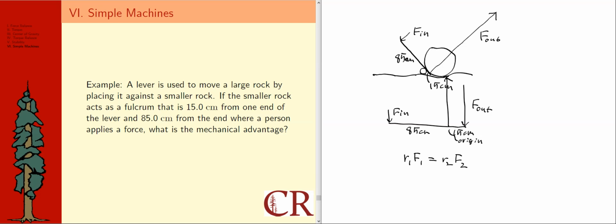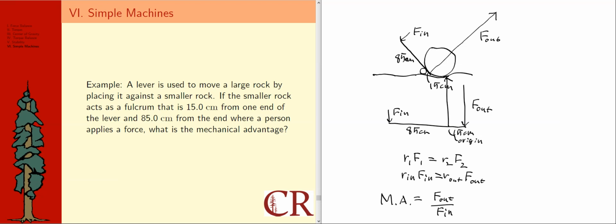But again, this can also be thought of as torque in and torque out. In that sense, you can think of it as the lever arm for the input force and the lever arm for the output force respectively on either side. And since my goal is to find the mechanical advantage, I'm going to abbreviate that with MA, which is equal to F out over F in.